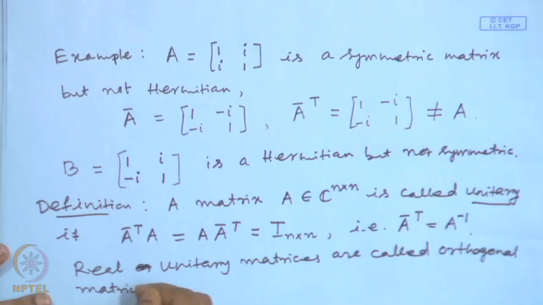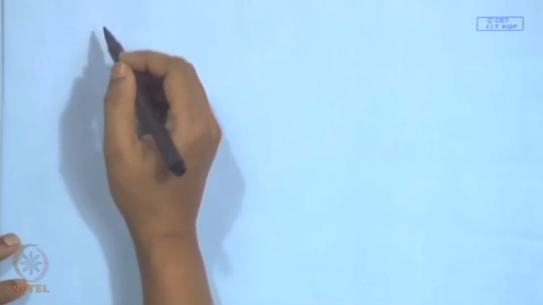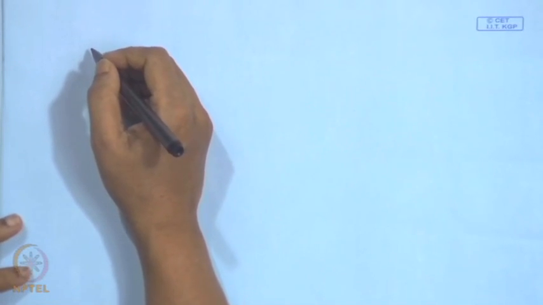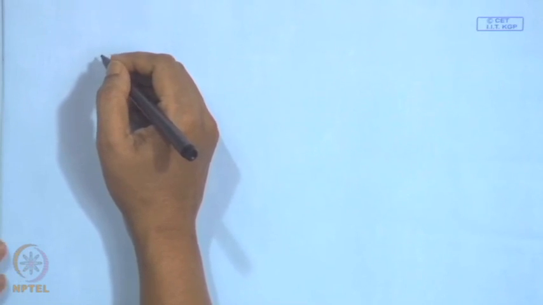So, here we shall discuss the properties of eigenvalues or spectrum of Hermitian matrices and unitary matrices. Since we are dealing with Hermitian matrices, they are complex matrices with complex entries, and unitary matrices are also complex matrices.